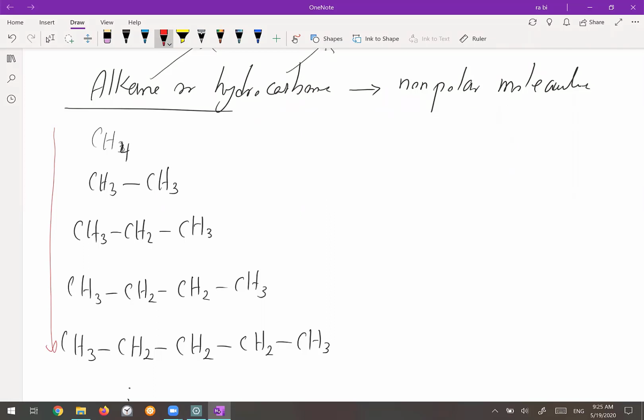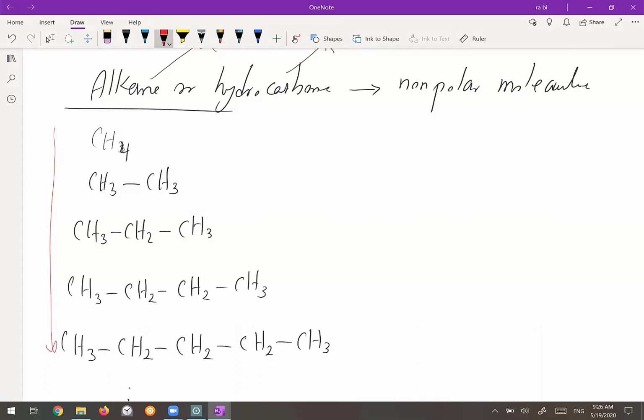So the boiling point and melting point of these compounds increase with the number of carbons. This is a very important trend that you have in each of these hydrocarbon homologous series. So here we are talking about the alkanes. In the alkanes, by increasing the number of carbons, the molecule becomes bigger and more massive, so the strength of the London dispersion force increases.